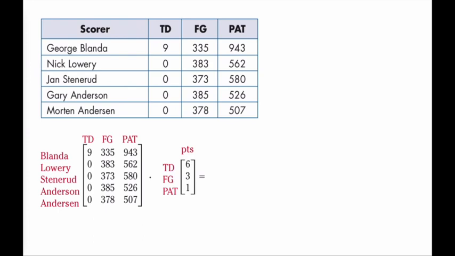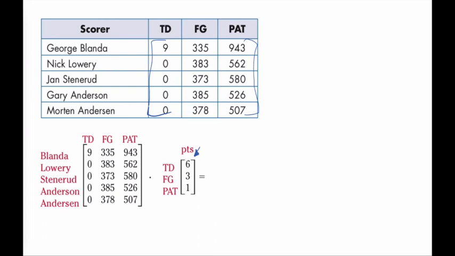We've got our matrix. We take these numbers and we put them in a matrix. And so that's the number of each of the types of attempts. And then we want to multiply that by the matrix for the points: touchdown, field goal, and the extra point. And then that will give us a matrix with the total number of points.